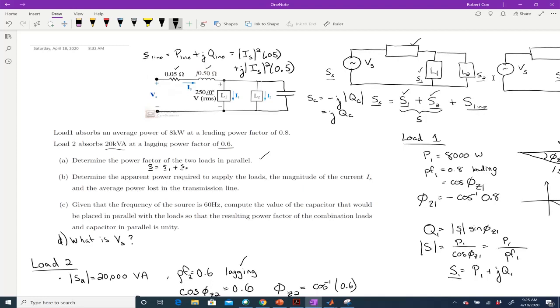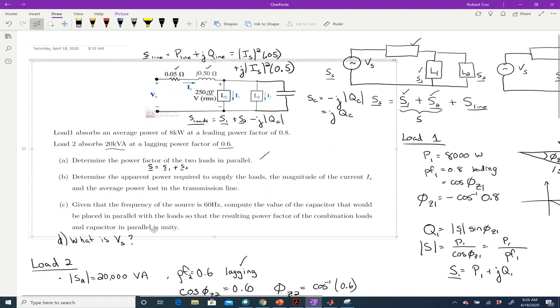So looking at this, I could say the combination for the loads, right? So I'll write it now, S loads is S1 plus S2. This is what we had before, minus j times magnitude of the Q capacitor. What we are being asked to do here, right? I'm basically saying that I want the combination of loads to be such that the power factor of this combination is unity, right?